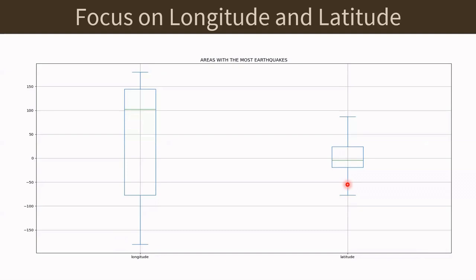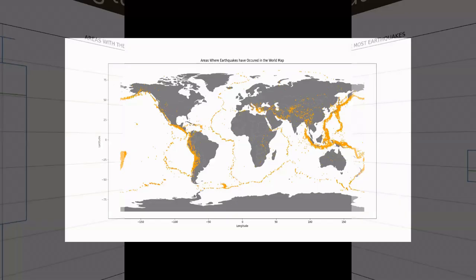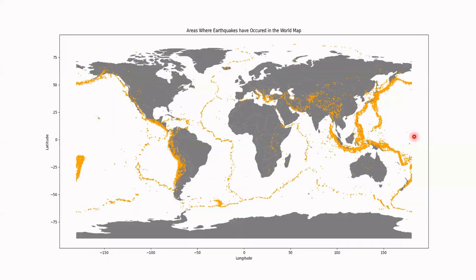Now in pictorial form, taken with Python, we plotted the longitude and latitude over a map of the world, and we can see these orange dots everywhere. It's interesting because this region here and here make up what is called the Pacific Ring of Fire, a region where about 90% of the world's earthquakes happen.